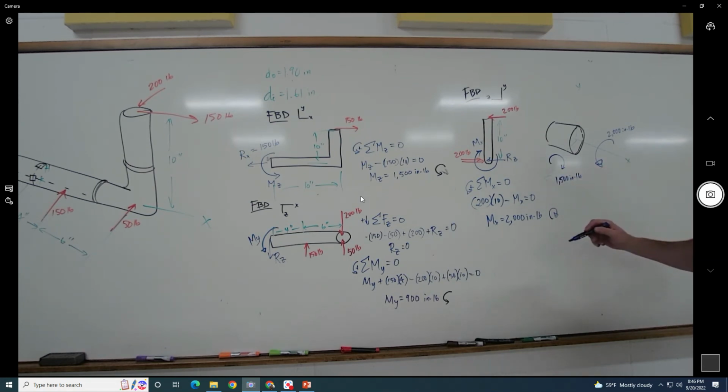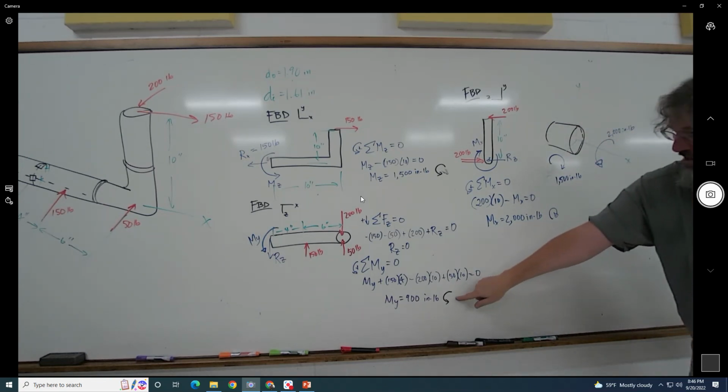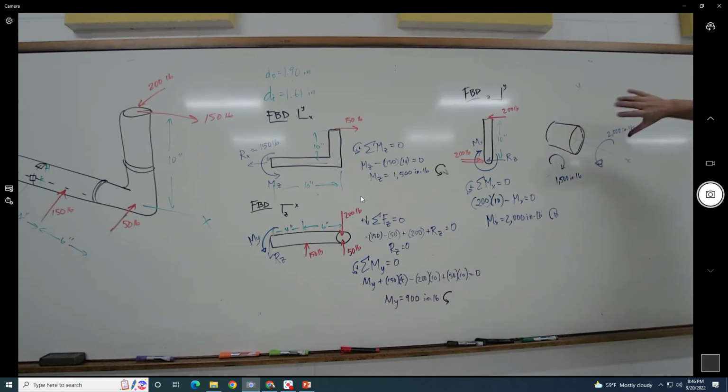And of course, we had this one. That's counterclockwise, but because it's counterclockwise here, it's got to be clockwise here. My fingers are wrapping around that way right there. 900 inch-pounds. And then in terms of forces, it's simply going to be 150 pounds in that way.